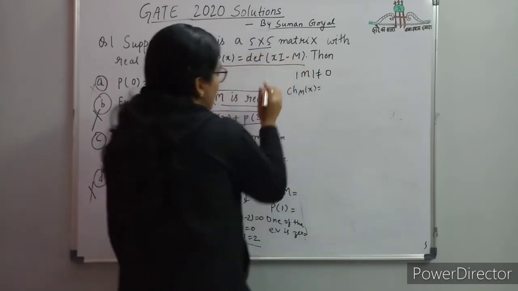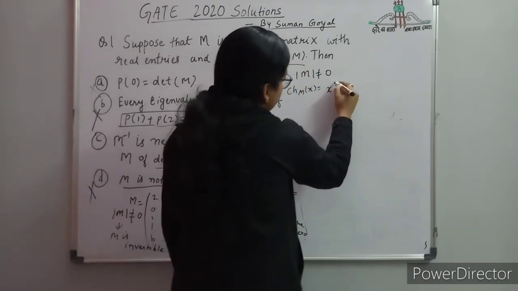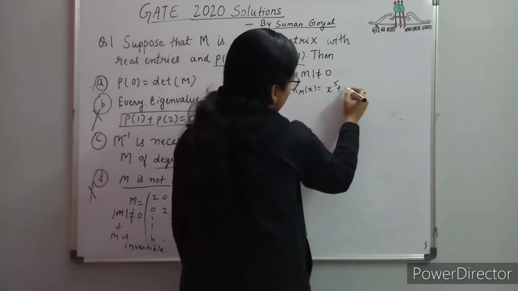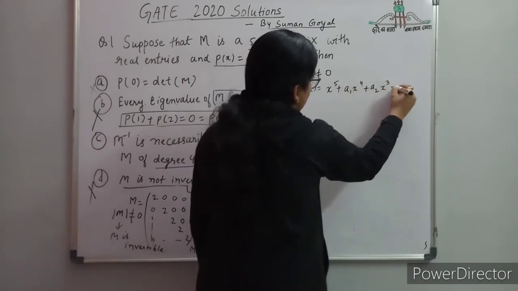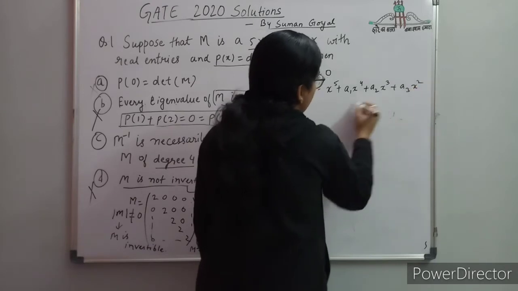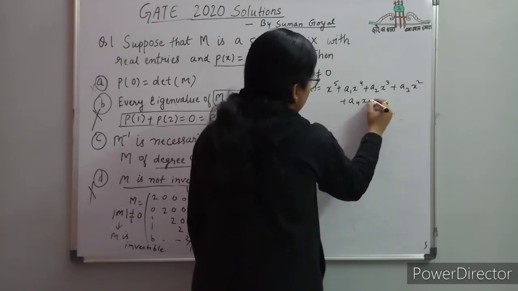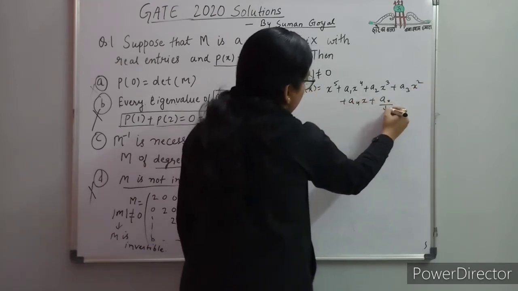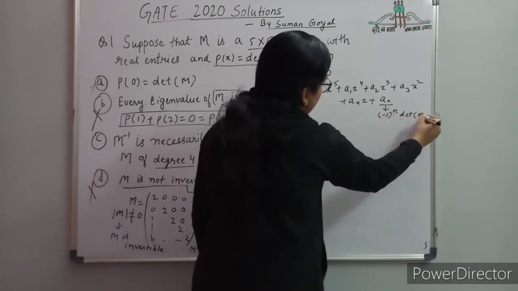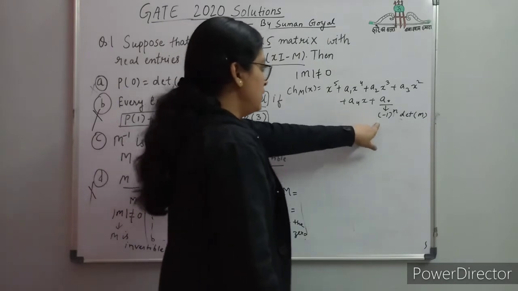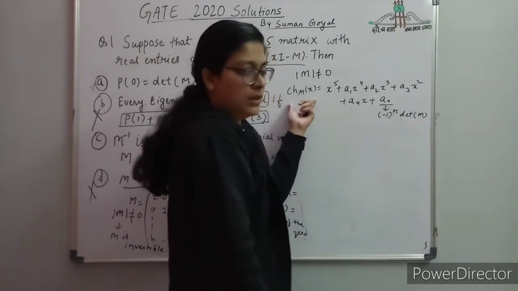Since it is a 5 cross 5 matrix, the polynomial is of degree 5, then a2 x cube, a3 x square plus a4 x plus a0, where the constant term is nothing but minus 1 to the power n into determinant of the matrix. This is the constant term in the characteristic polynomial.